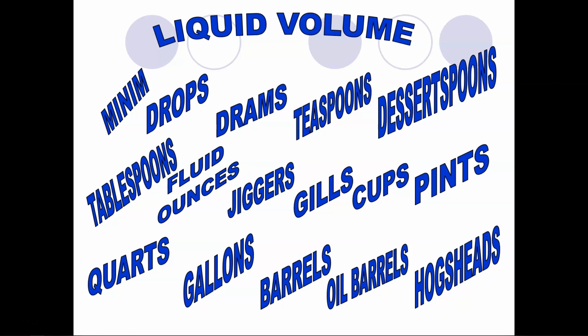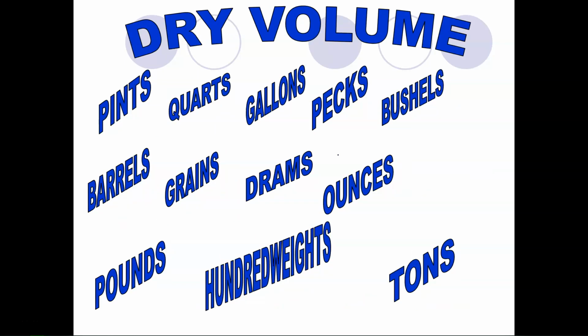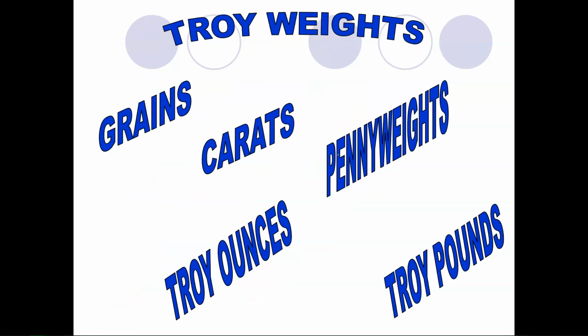It's roughly 63 to 64 gallons of something along the lines of beer. I don't know what that's based on, but for heaven's sake, that's a little strange. And then dry volume, of course, you've got pints, quarts, gallons, pecks, bushels, barrels. I mean, it goes on and on.